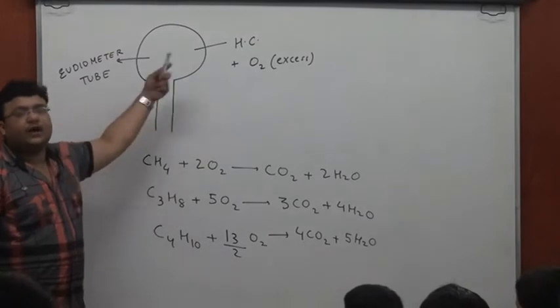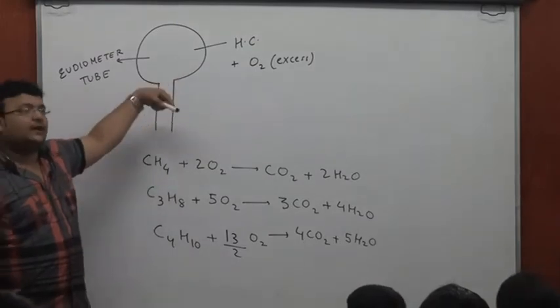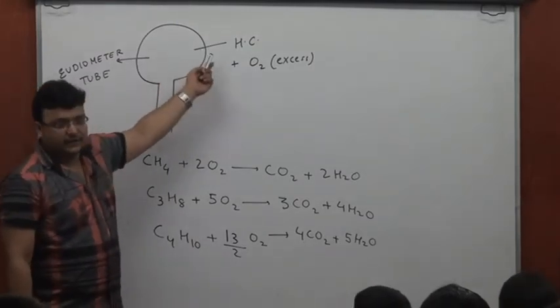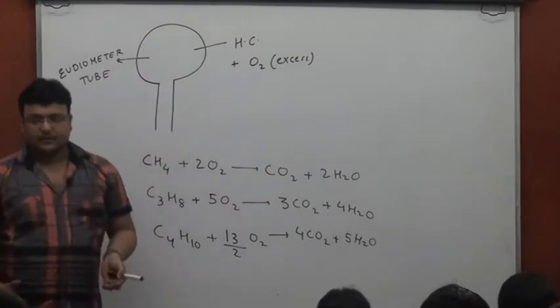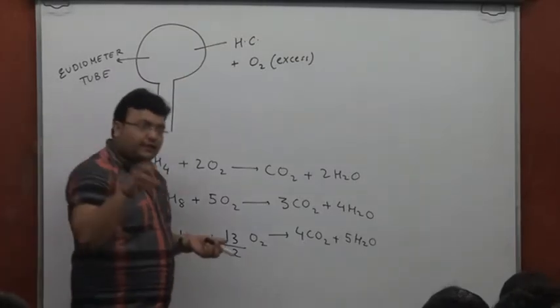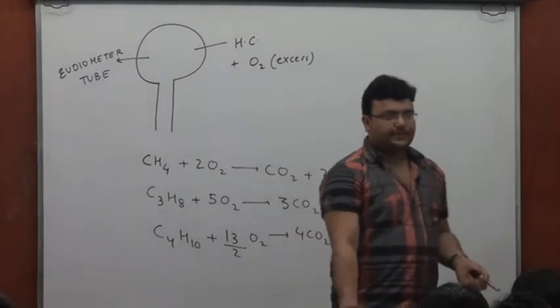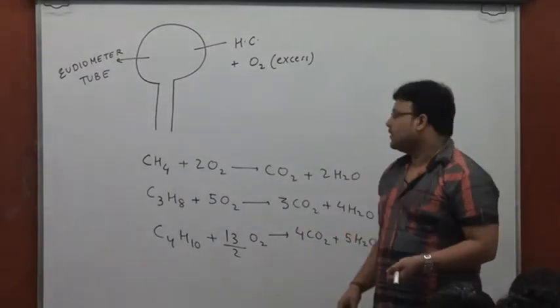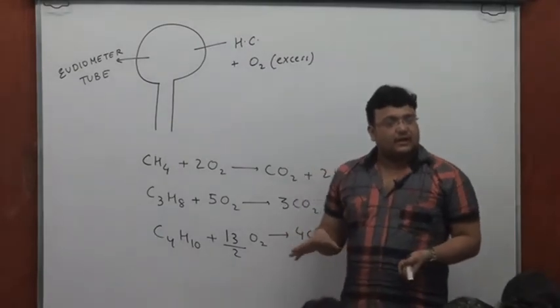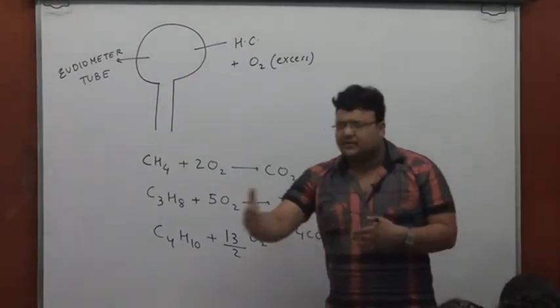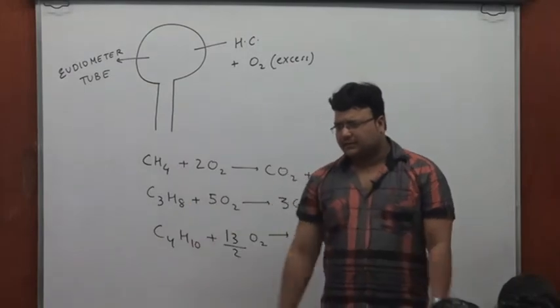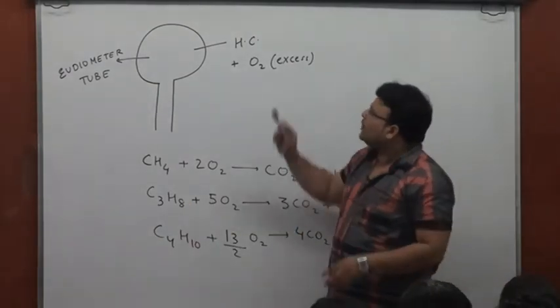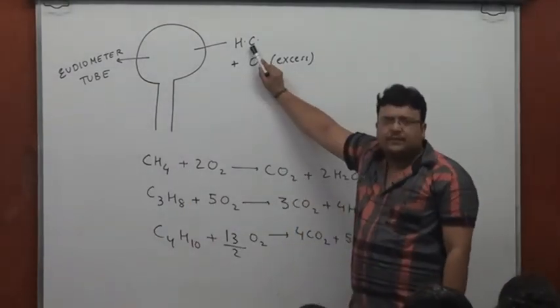You don't want hydrocarbon or oxygen to be the limiting reagent. I repeat, in a process, if one of the reactants gets over, the one which falls short is called the limiting reagent, because it limits the reaction.